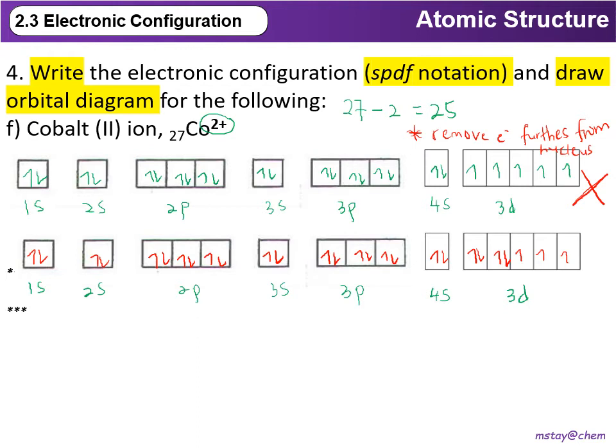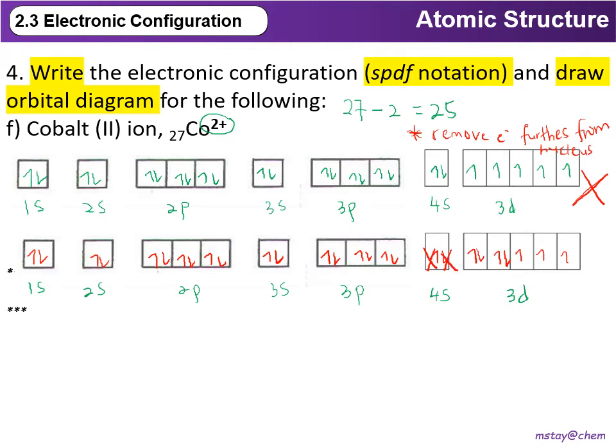So once I want to remove an electron, we are going to remove from the outermost shell, the one which is furthest from the nucleus, which is occupied in 4s. So remove 1 electron, remove 2 electrons.